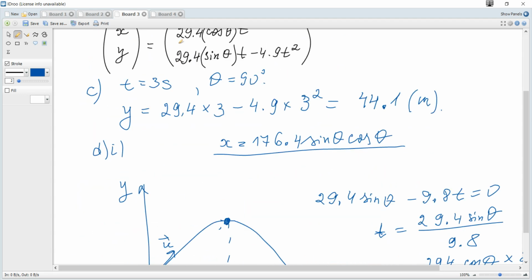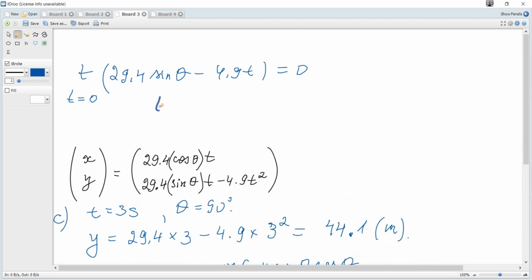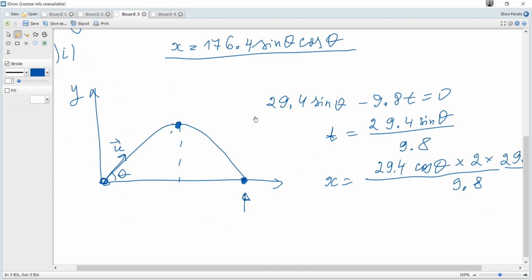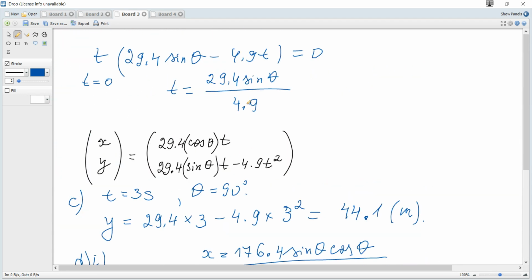It's when it's at the starting point. And the second solution is 29.4 sine divided by 4.9, and it's the time required to reach this point. And you can see that here, if we divide by 2, we get the same 4.9.